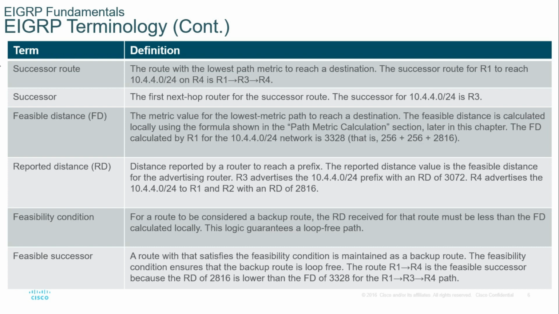Okay, so I highlight again, this content is very important for you to remember in order for you to understand EIGRP. At the very least, at the end of these 2 weeks that we learn about EIGRP, you should remember these characteristics of EIGRP.